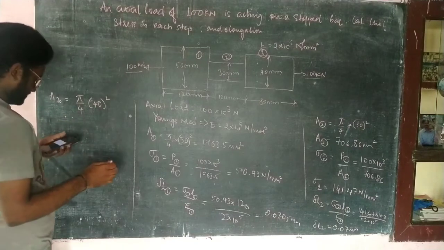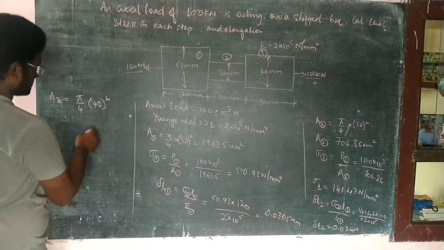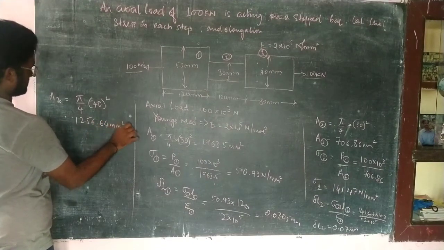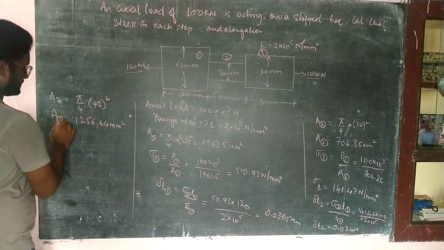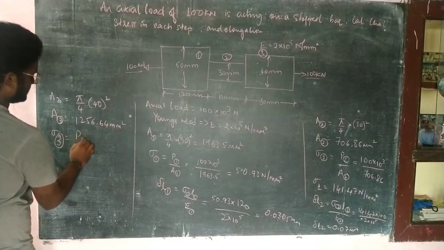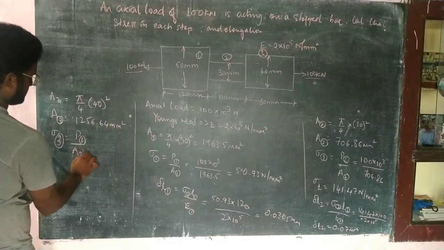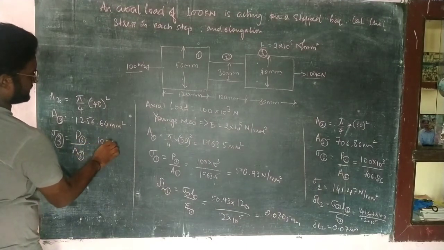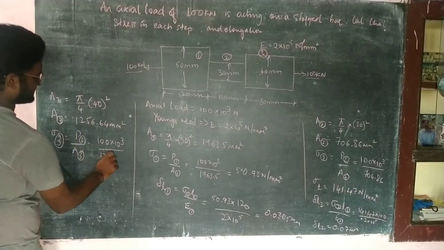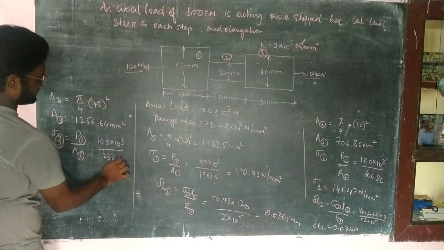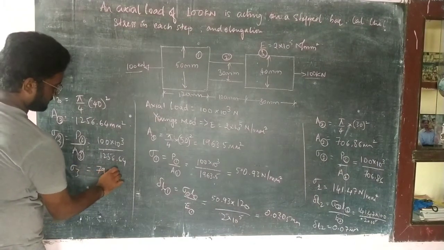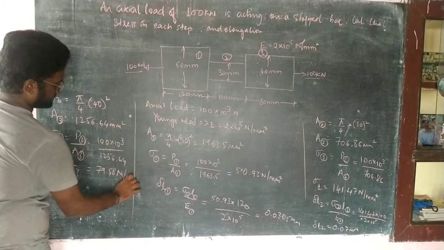A3 is equal to, diameter is 40, so pi by 4, 40 square. If you do this, you get 1256.64 mm square. This is A3. Now similarly we have to find out sigma 3. Sigma 3 is equal to P3 by A3. What is P3 here? 100 into 10 power 3 divided by A3, which we have calculated as 1256.64. So sigma 3 is 79.58 Newton per mm square.